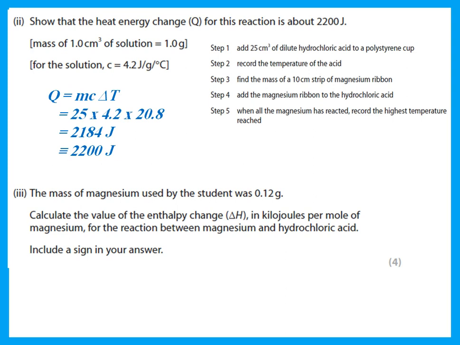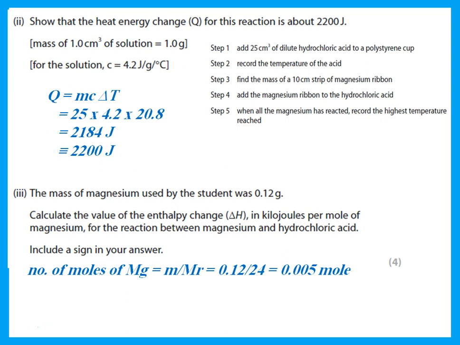Then he says the mass of magnesium used by the student was 0.12 grams. Calculate the value of enthalpy change in kilojoules per mole of magnesium for this reaction. And of course, you should remember that delta H must include a sign. Okay, you should realize that delta H is Q over N. Delta H is Q over N. So I need the number of moles. Number of moles of magnesium is mass over molecular mass.